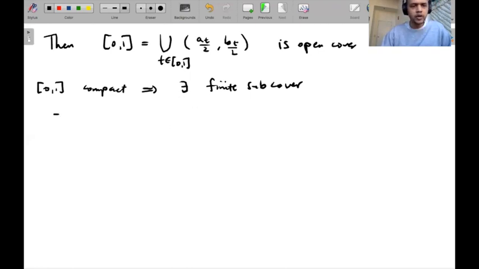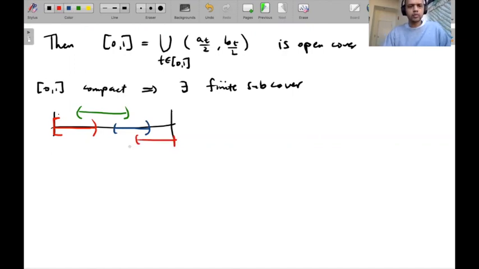So, I mean, the picture you should have in mind is like this. Here's the interval [0, 1], and we've covered it by finitely many open sets. So maybe something like this. I have one here, and then another one here, and then maybe one more. And at the end of the day, all we want is a decomposition into intervals that meet along their endpoints so that each is mapped into a hemisphere.